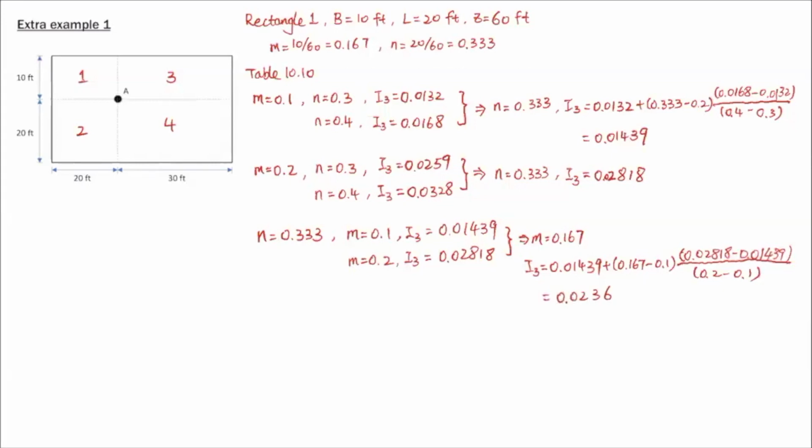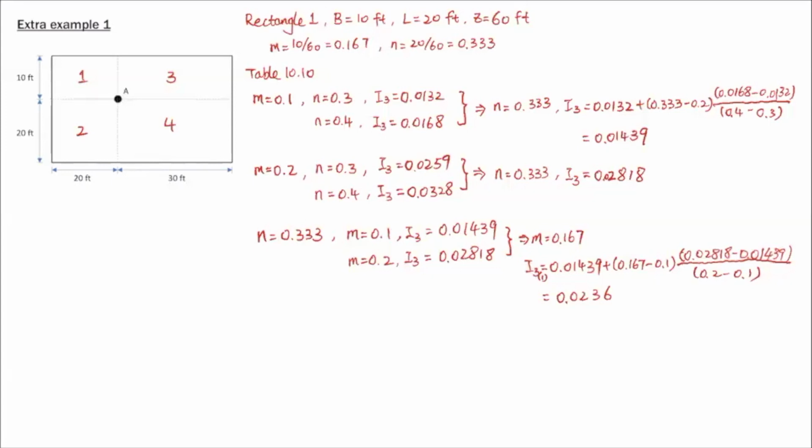Let's call this I3, I31. So this is the I3 value for that small rectangle one. So basically we did the interpolation calculation 3 times to get this value. That's one way to get the I3 value for these intermediate m and n values.